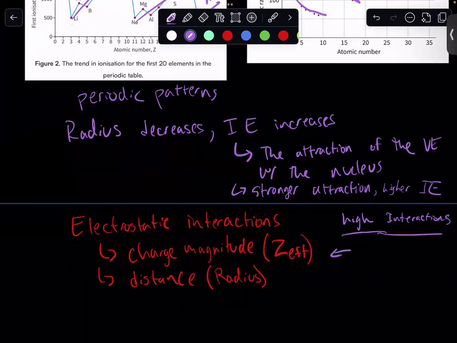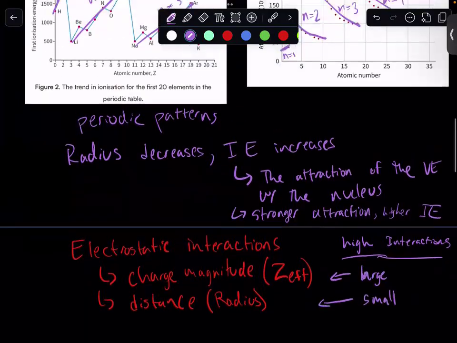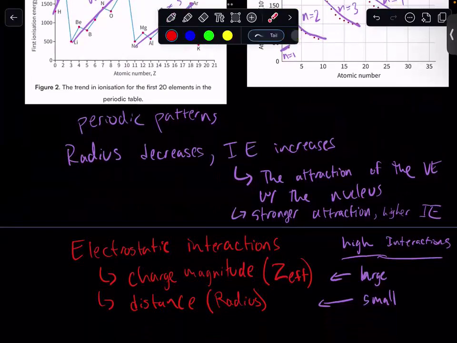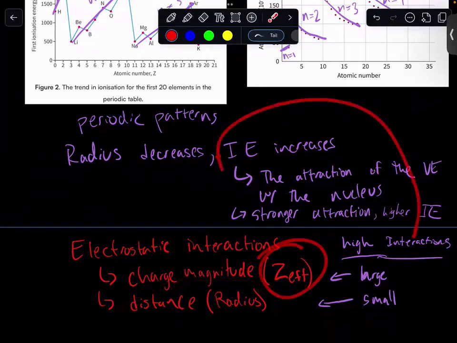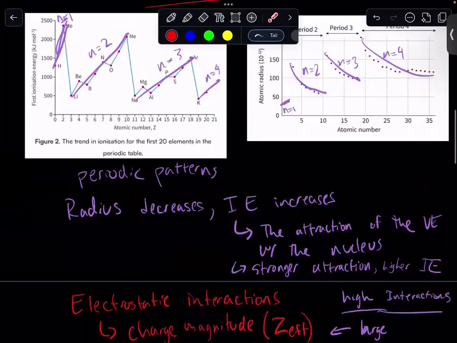The charge needs to be large, and the distance needs to be small. Therefore, elements that have a very small distance but very high effective nuclear charge will have high ionization energy, and we see that.